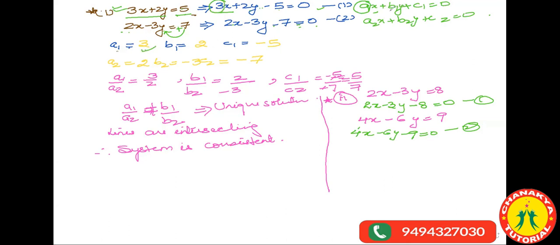The coefficient of y is b1, and here it is 2, so the value of b1 will be 2. Then plus c1, so the value of c1 will be minus 5. Got it, beta? Yes, ma'am.